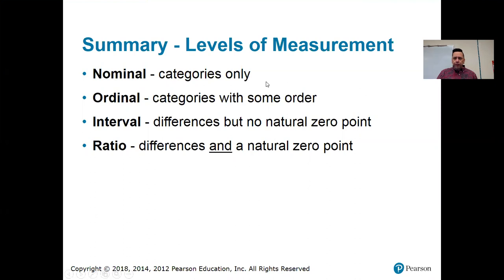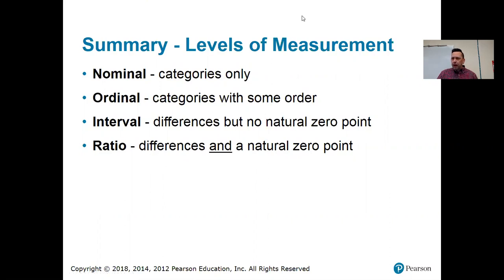Then you go to interval, which is where you have differences, but you don't have a natural 0 point, and it does not make sense to do division. And then finally, you have ratio. That's the highest level. You can put things in order, you can subtract, and you can divide. And division always comes with having a natural 0 point.